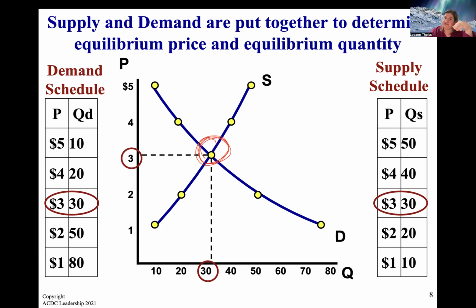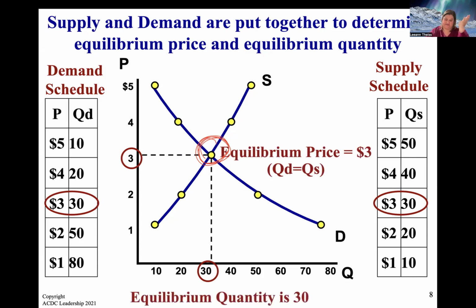Trust me, further down the road we might start from a point of disequilibrium, but we're going to walk before we run. So we start in equilibrium, then do some sort of shift and see where our new equilibrium point lies. Okay, so equilibrium price is $3 and quantity is 30.